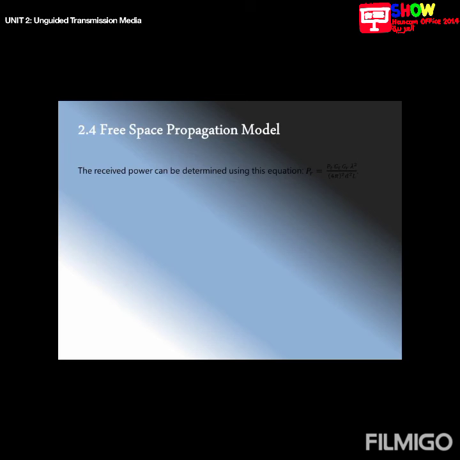Then the received power can be determined using this equation: Pr equals Pt Gt Gr lambda squared over (4 pi) squared d squared L. Pr equals 50 times 1 times 1 times (1 over 3) squared over (4 pi) squared times 100 squared times 1, which equals 3.5 times 10 to the power of minus 6 watts, which means 3.5 times 10 to the power of minus 3 milliwatts.